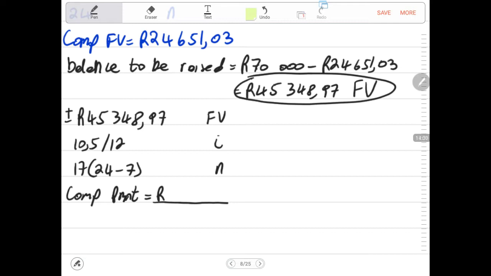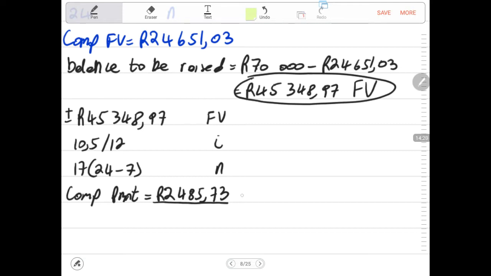Then we calculate the monthly payments. That means we need to save 2,485 rand 73 cents starting from month number 8 up until month number 24.